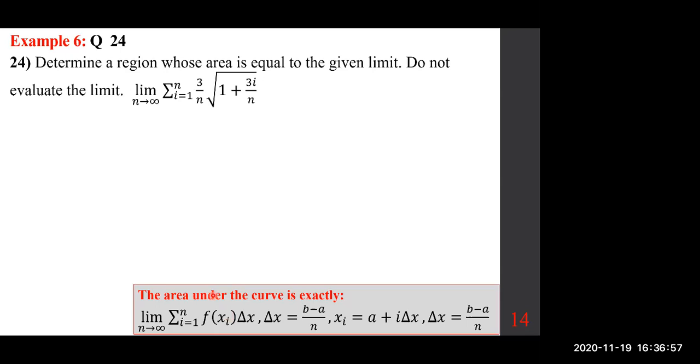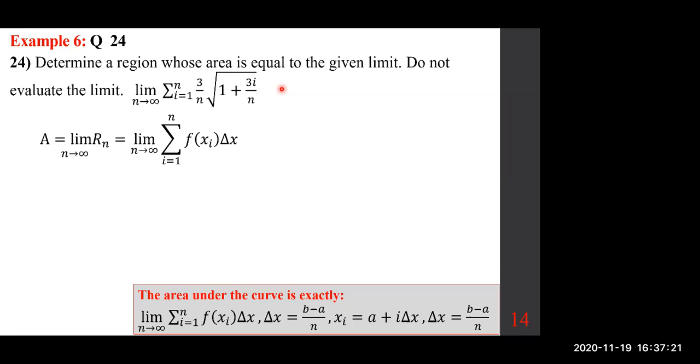And this seems to be like a square root function, square root of 1 plus something. Are you with me? So you have an idea that the function should be something like square root of 1 plus some function. All right, so what is it? First, we have this, and we know delta x by comparison.